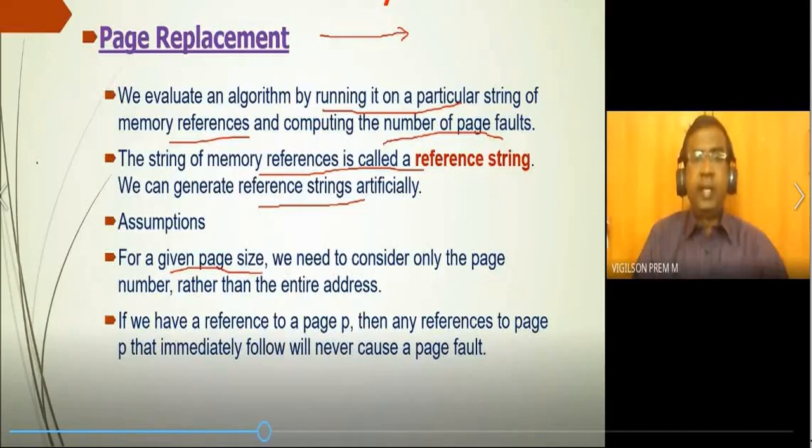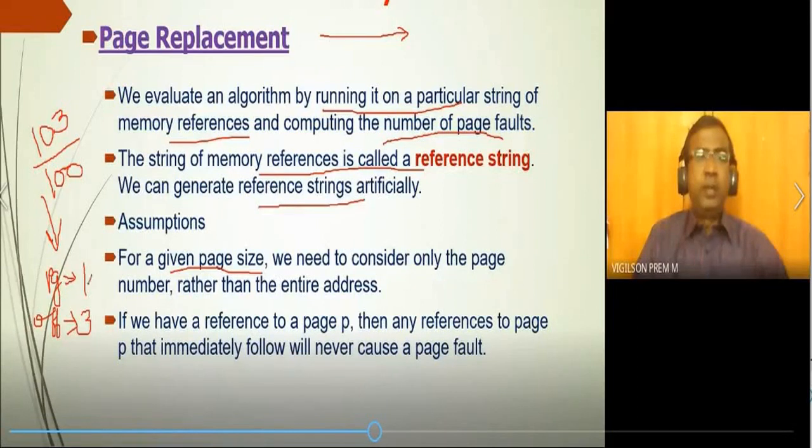than the entire address. For example, if I have one memory address like 103 and the page size is 100, now what I will consider is the page number only. Here the page number is 1 and the offset is 3. Correct? Already we have discussed this. So the physical address is page number 1 into page size 100 plus offset 3.